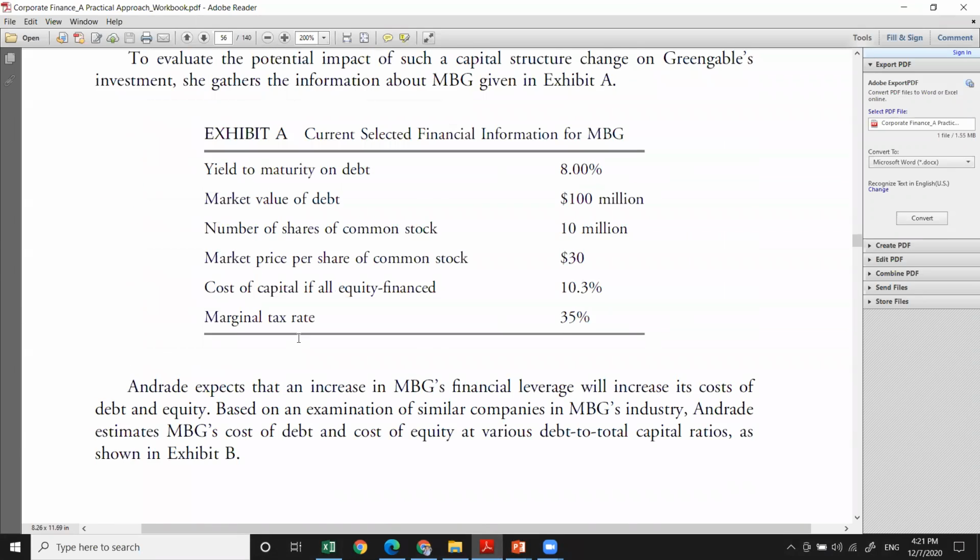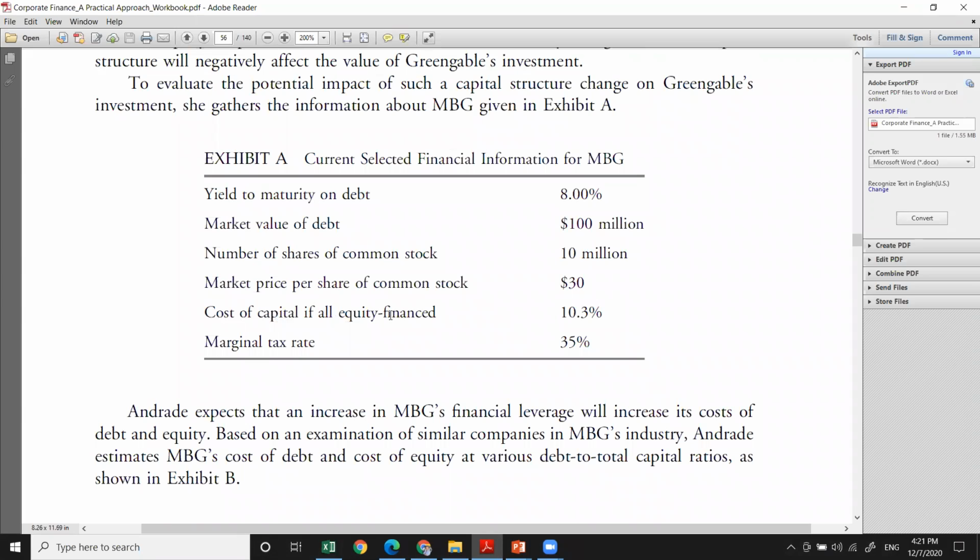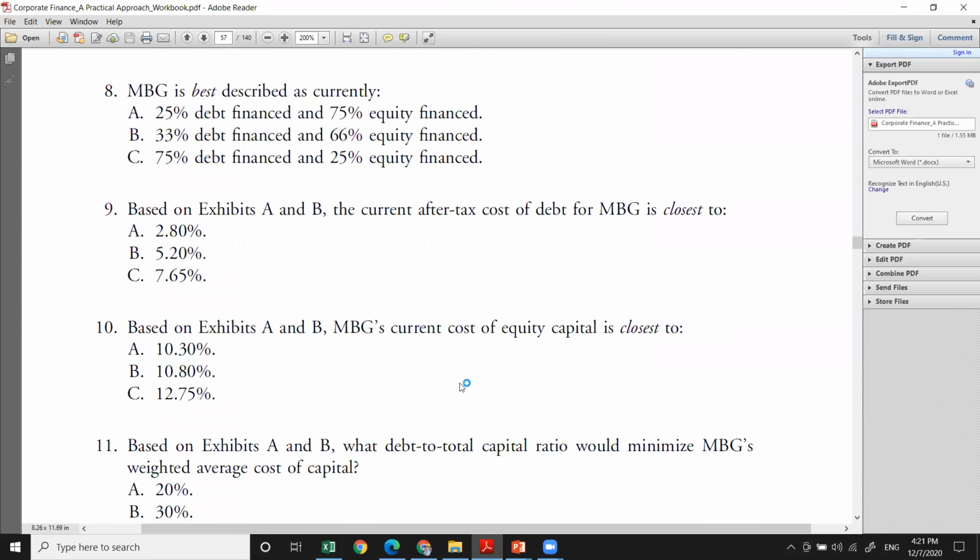We can see here the cost of capital if all equity financed, which is 10.33%, and having the formula in mind, we can just estimate everything.